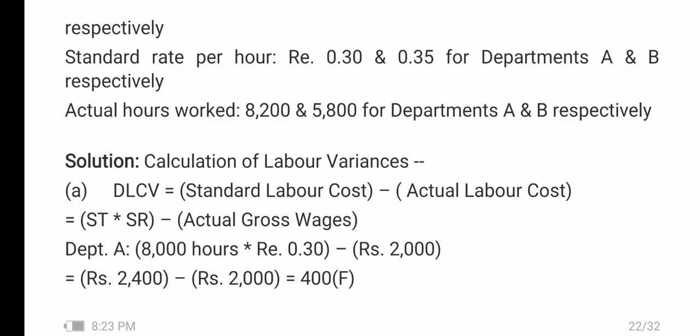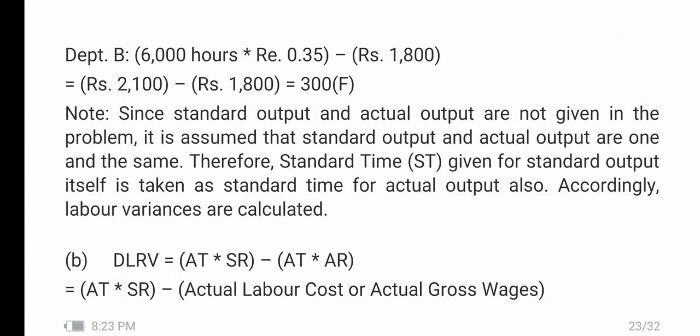So we are getting 400 favorable, because the standard labor cost is 2,400 and the actual labor cost is rupees 400 less than the standard specified. Naturally we are getting a favorable variance of rupees 400. It is for department A.